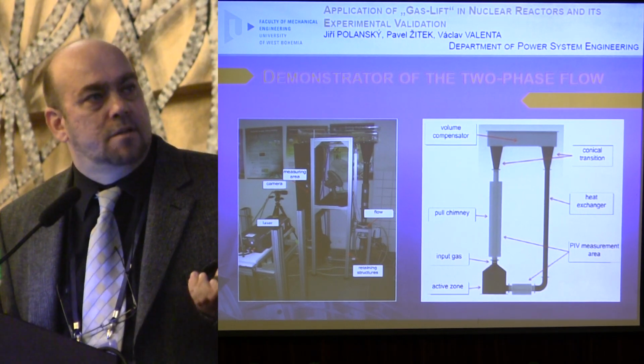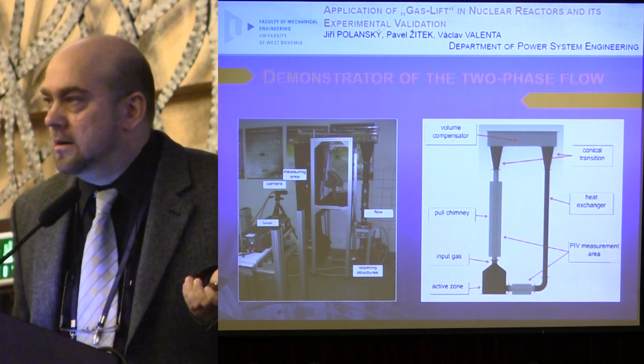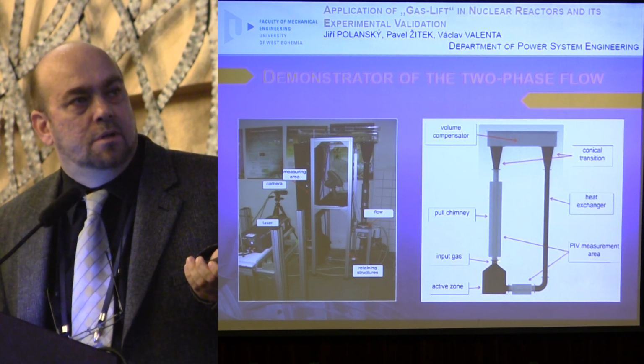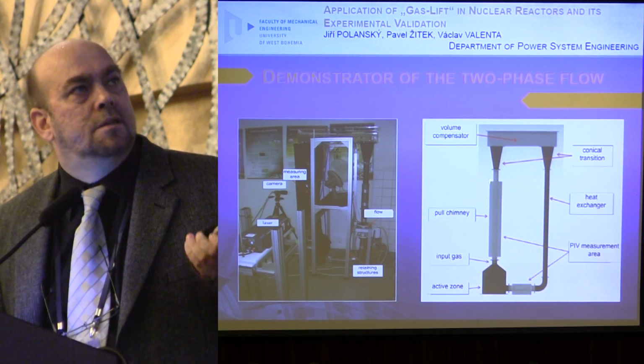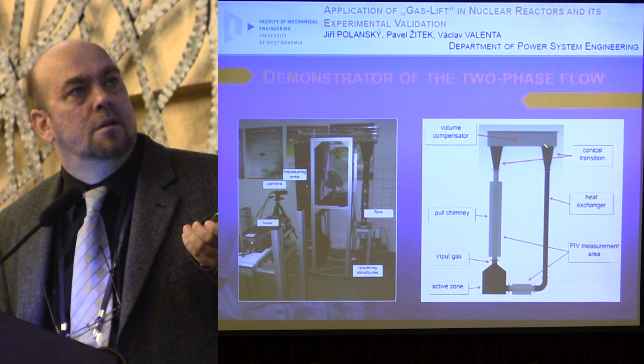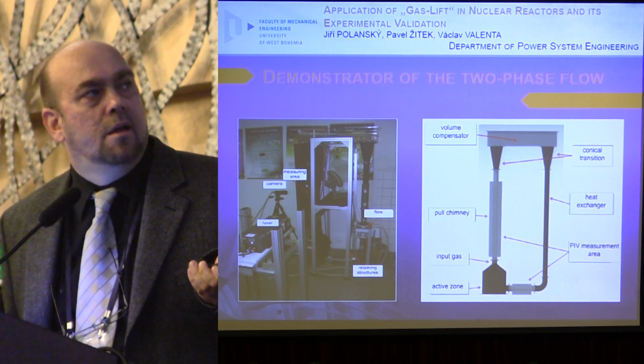As I said before, it consists of the model of the active zone with the electric heating, the gas input, the cylinder, the volume compensator, the heat exchanger, and the cold leg.